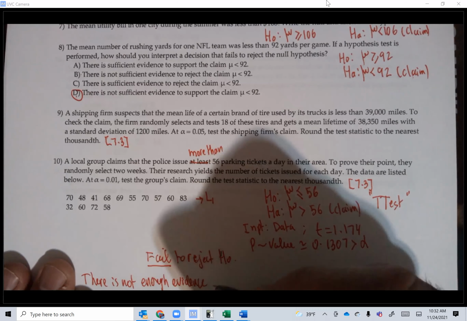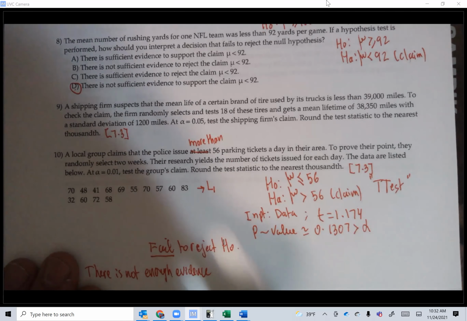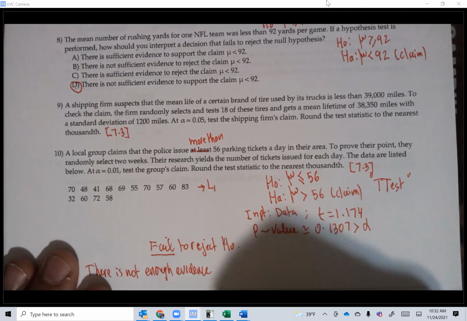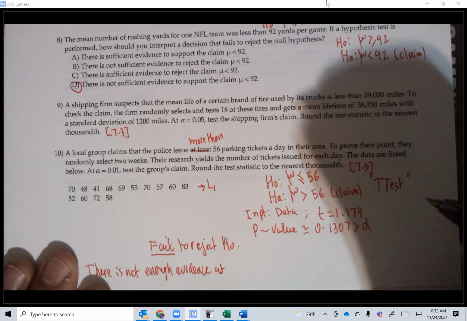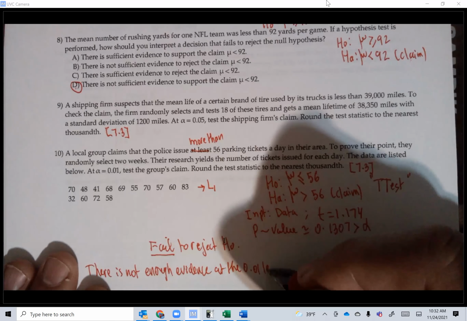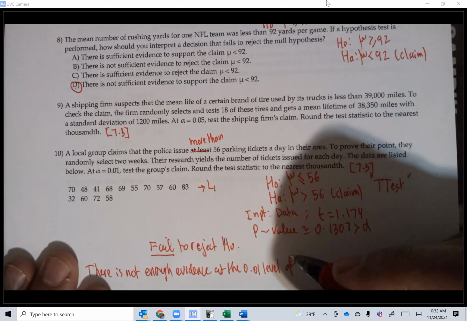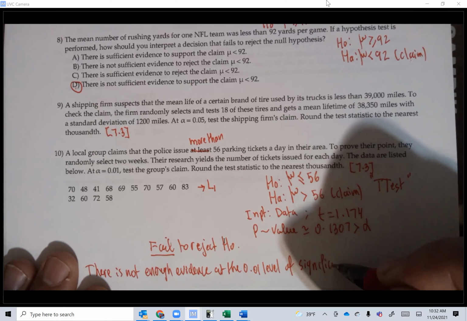In the book, sometimes instead of there is not enough evidence, he uses there is insufficient evidence, which is fine. At the 0.01 level of significance to support the local group claim. So we're saying we cannot support them.